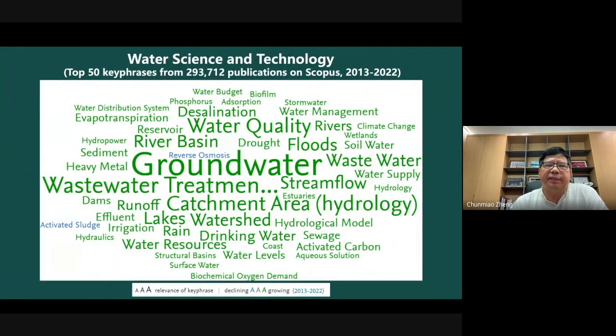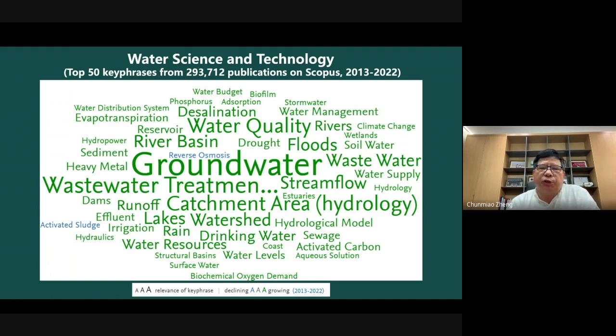I recently did a little analysis using the Scopus database. For the past 10 years, looking at about 300 publications within the category of water science and technology and at the top 50 key phrases, groundwater ranked first.